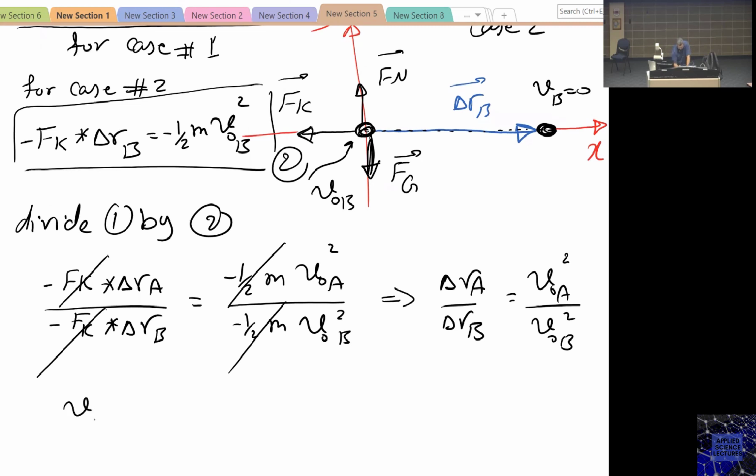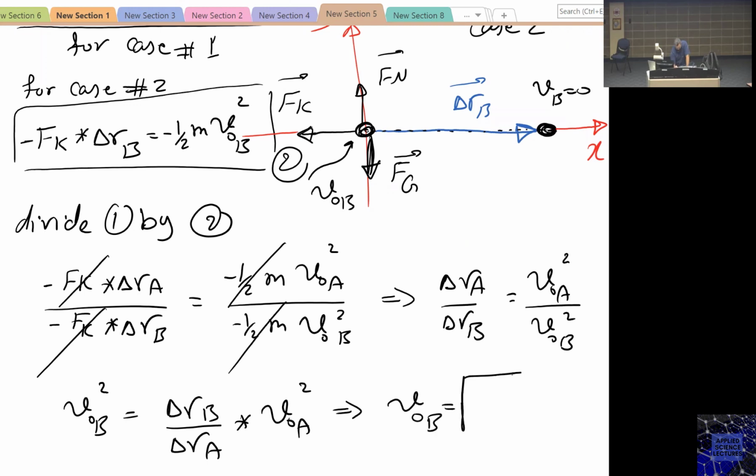Or v naught B squared equals delta RB divided by delta RA times v naught A squared. Or v naught B equals the square root of delta RB divided by delta RA times v naught A.